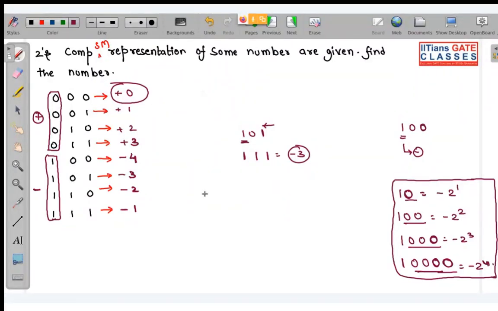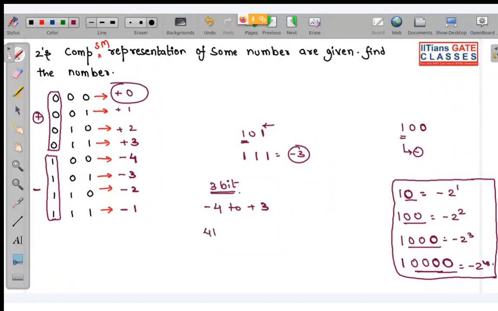So using 3 bits, the range of numbers that I can represent using 2's complement is from minus 4 to plus 3. Now if I want to write it in a generalized way, that was using 3 bits.